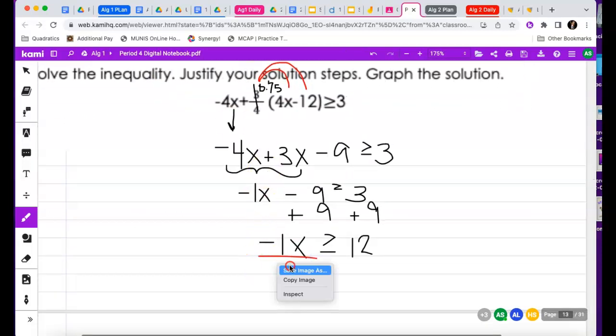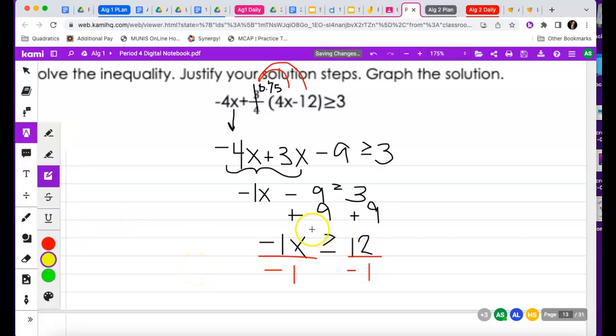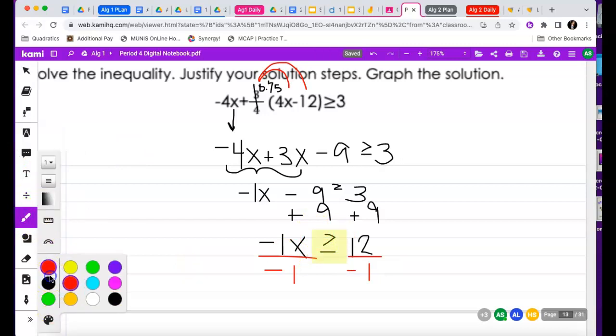So since we're dividing by a negative 1, we need to change this inequality symbol. We're going to flip it. Instead of being greater than or equal to, we're going to flip it and make it less than or equal to. So x is less than or equal to negative 12.